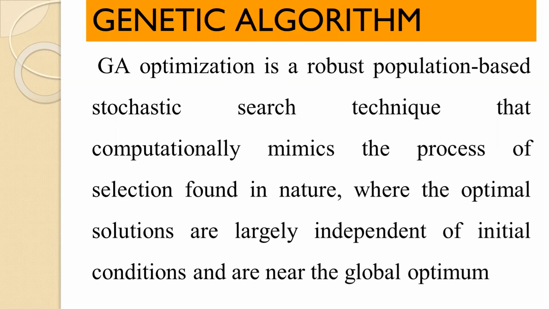So, the definition of the genetic algorithm: it is a population based stochastic search technique. What is the population? The population is the number of available parents, which are called chromosomes.